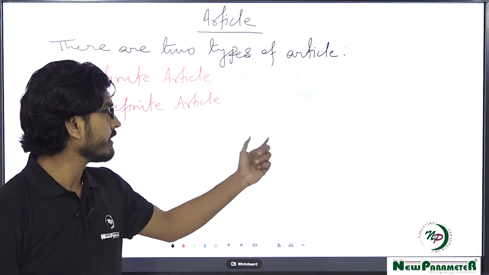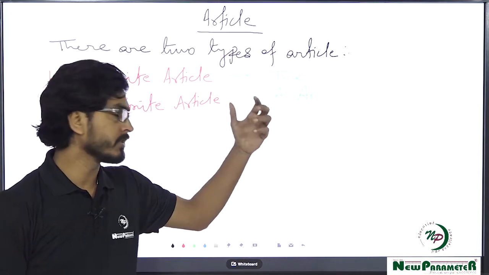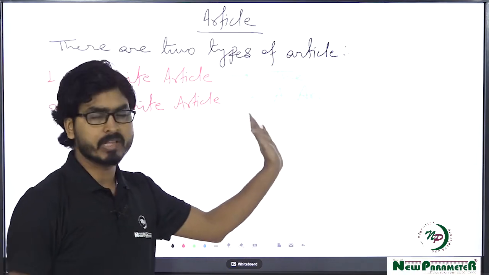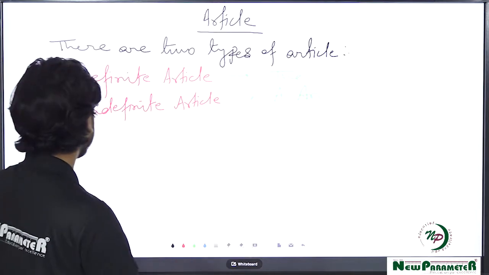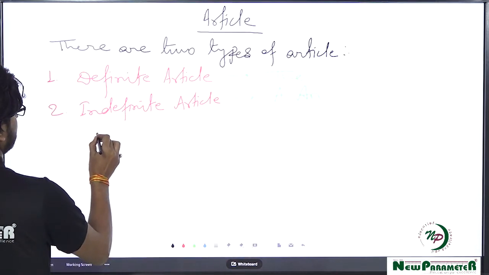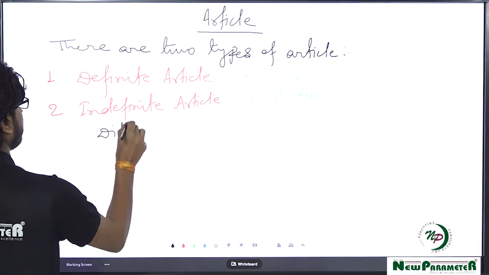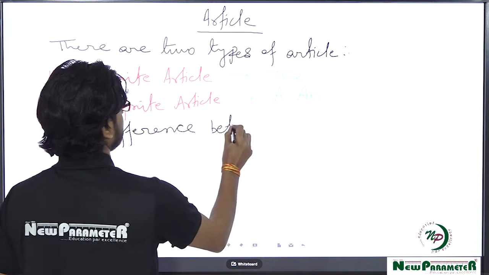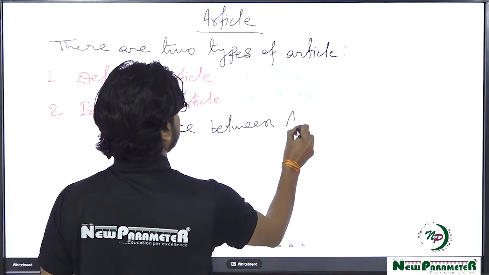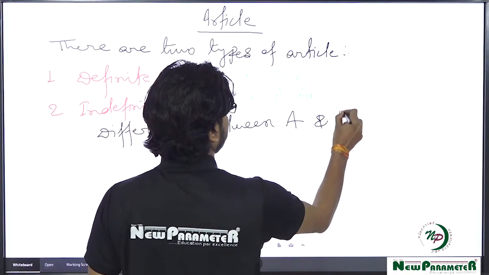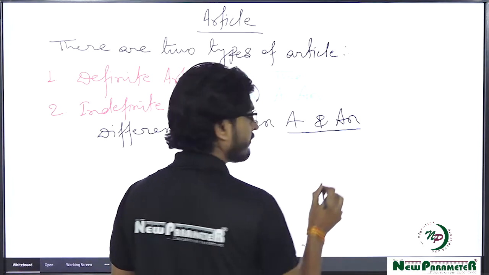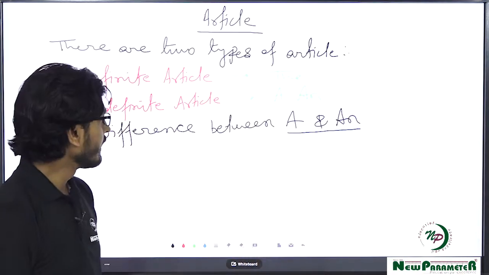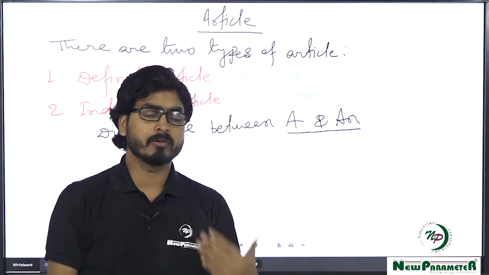What is the basic difference between a and an? I'm just telling you. Firstly we'll see the difference, then we'll see the exact use. Difference between a and an. It's very easy. I know that you have come across vowels and consonants in your life.